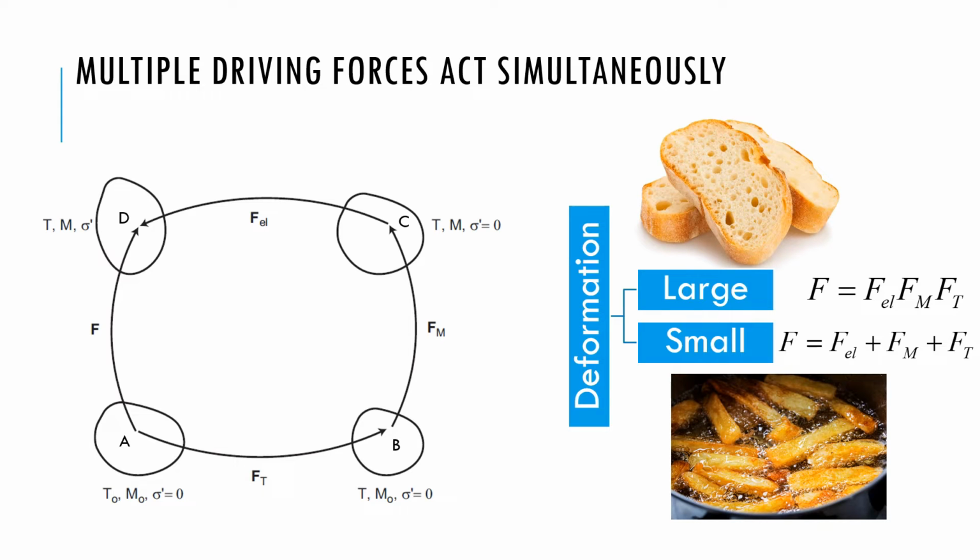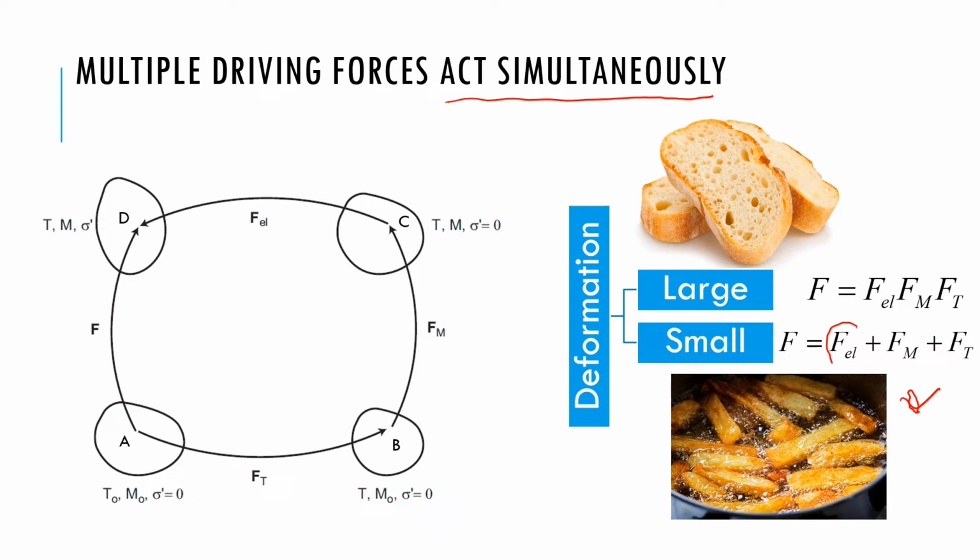When multiple driving forces act simultaneously, we include their effect separately using the deformation gradient as follows. So when the deformation is small, like in a frying process, let's say, especially early stages of frying, then the deformation gradients are additive.